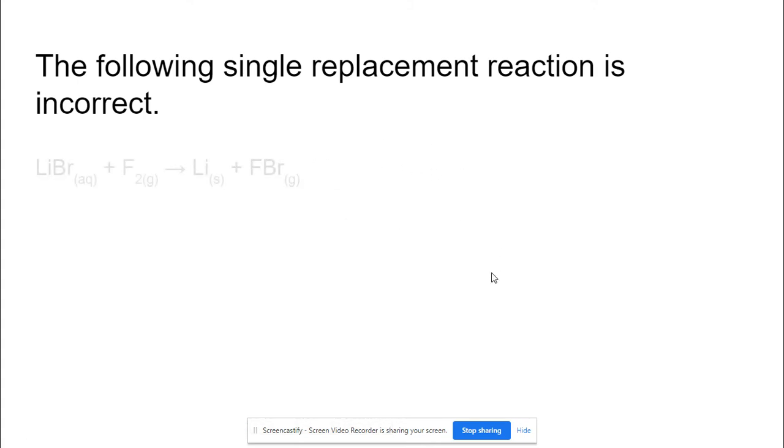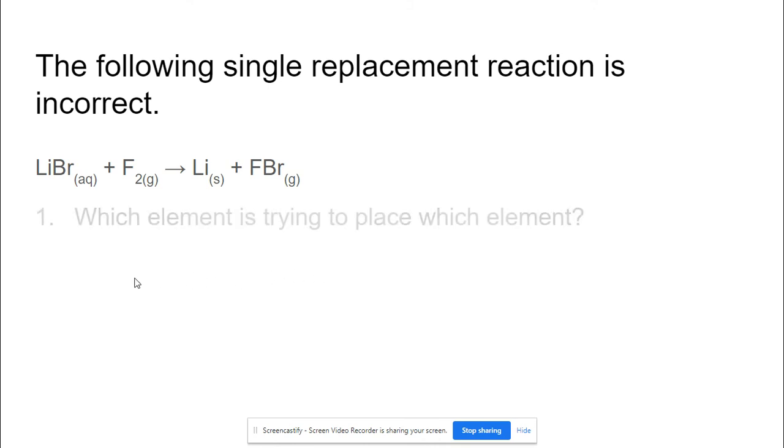This single replacement reaction that I'm going to show you here is incorrect. I would like you to take a look at this and see if you could determine why it's incorrect. We're going to run through the same steps that we would always run through to determine what the product should be. First of all, if you look at the reactants, which element is trying to replace which element?